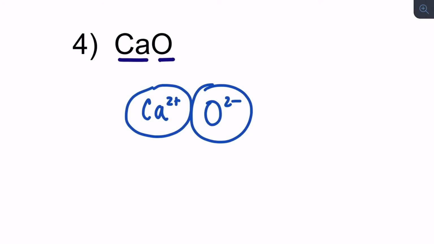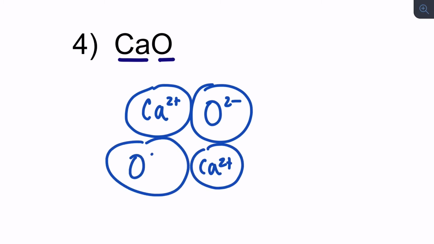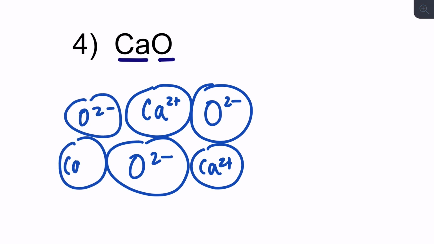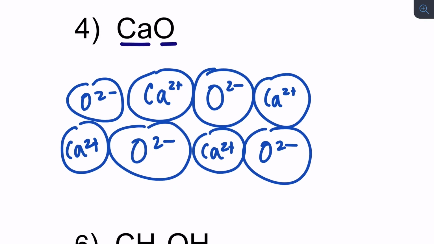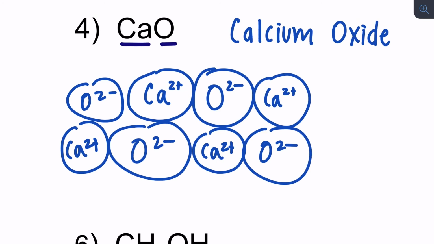And we can expand our lattice by adding more in every direction. And this salt is called calcium oxide. Change the ending to -ide.